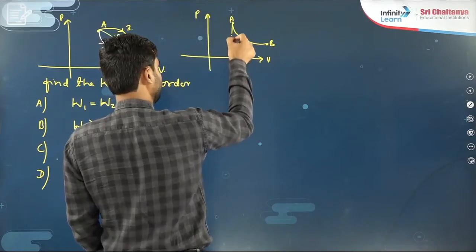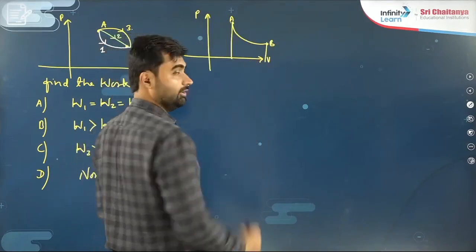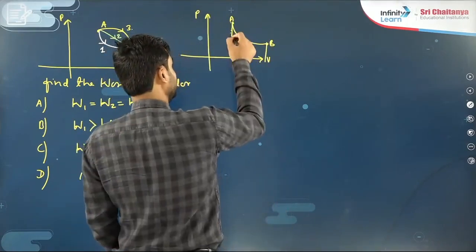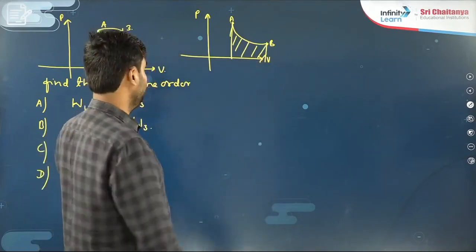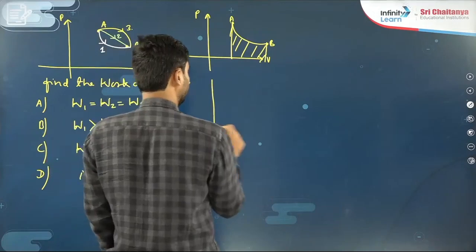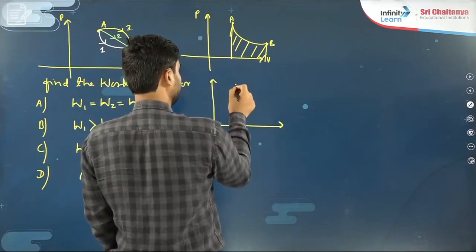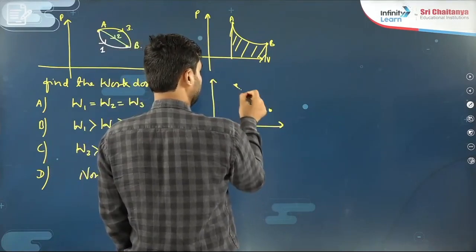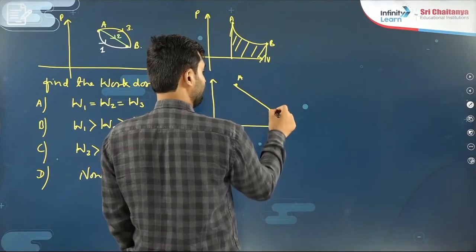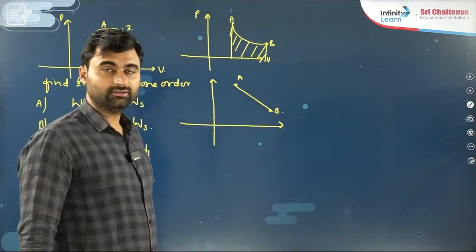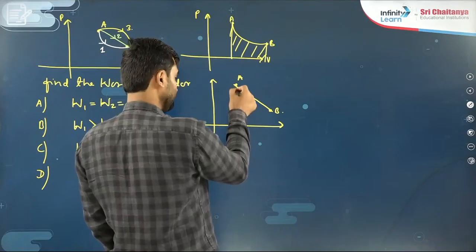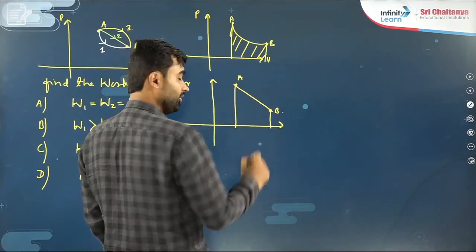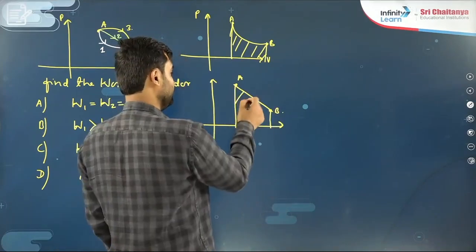Joined, then calculate the area. This is the area. If we talk about the second process, this is A, this is B, and this is straight A to B. Again, join the end points with the volume axis. So this is the area.